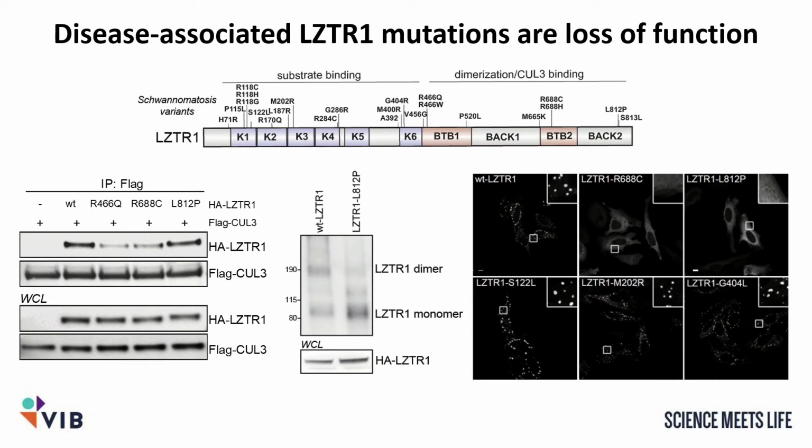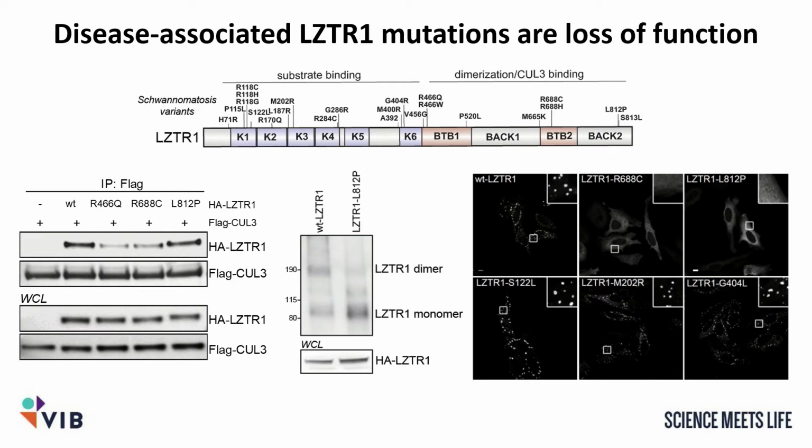Then we looked at the BTB-BACK domain of LZTR1, which is responsible for dimerization and binding to cullin-3. Again, when we looked at two mutants, which are recurrent both in schwannomatosis and Noonan syndrome, we could see that these mutations dramatically decreased the ability of LZTR1 to interact with cullin-3.